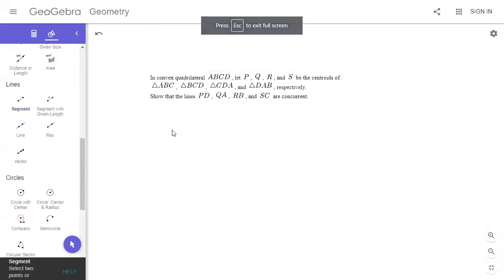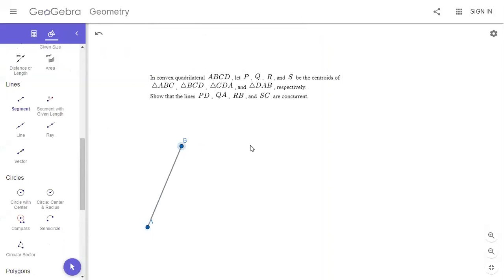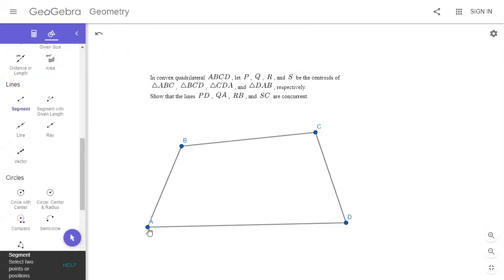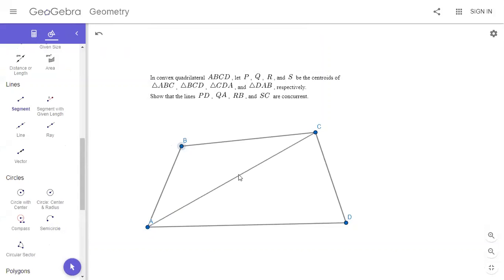Okay, so we have a quadrilateral ABCD. And we draw the centroids of all the possible triangles.